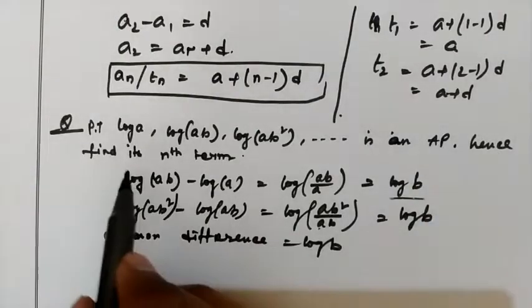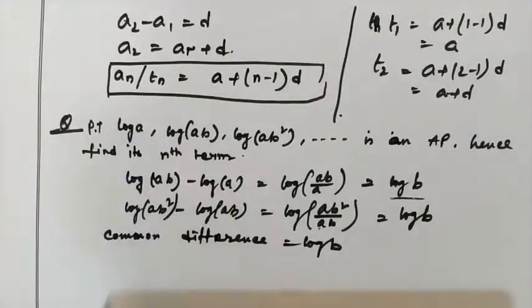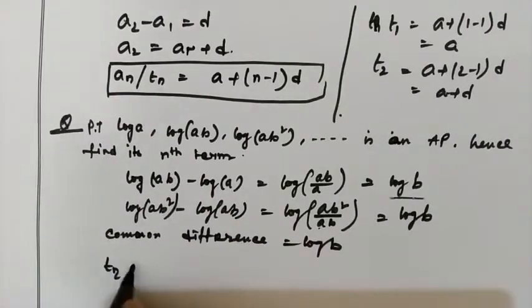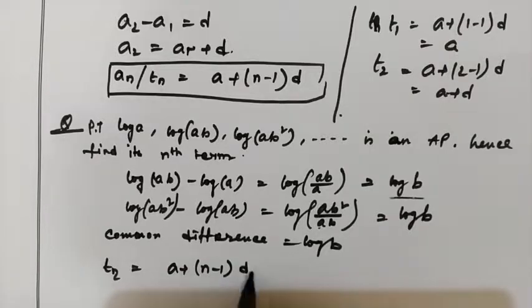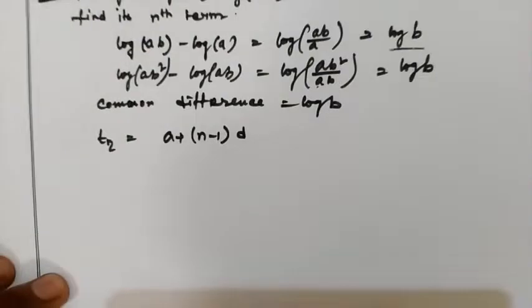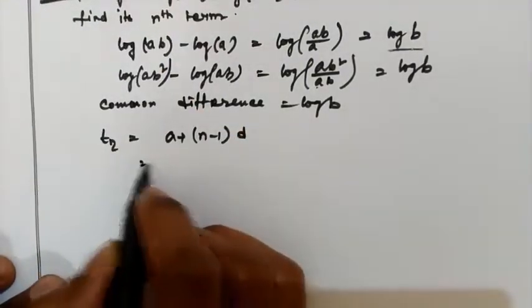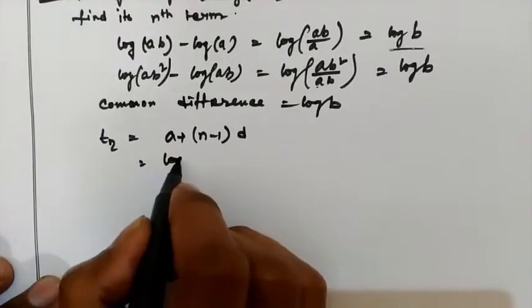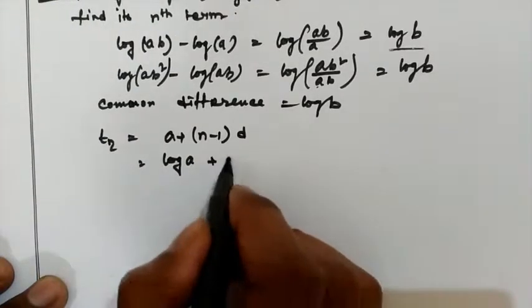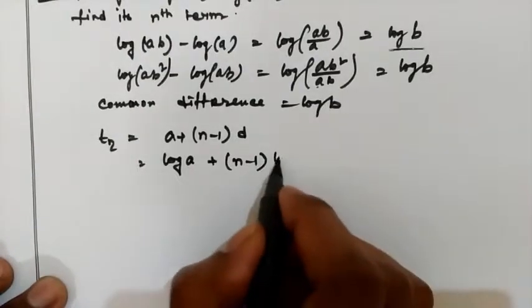Now we have to find its nth term. So we know the formula, that is Tn is equal to a plus n minus 1 into d. So here in this case, a is log a, so write down log a plus n minus 1 into d, and d is log b.